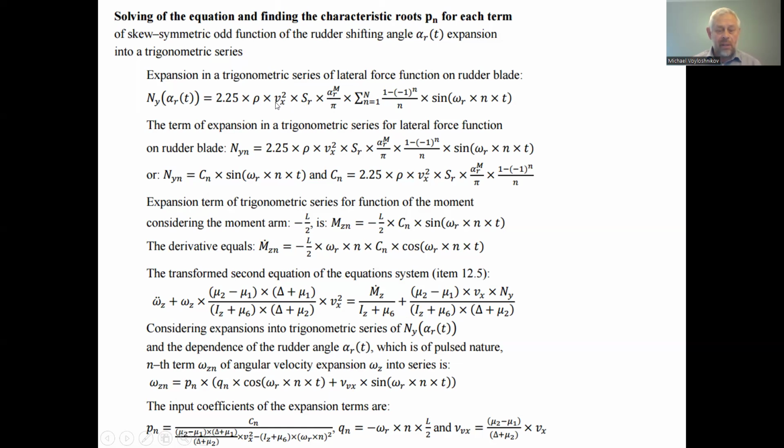We consider a constant deciding the two equations of the ship motion on the surface, so we consider the longitudinal velocity of ship constant, and this is squared multiplied by the area of the rudder and multiplied by this all is the function of the expansion of the function of the turning of rudder.